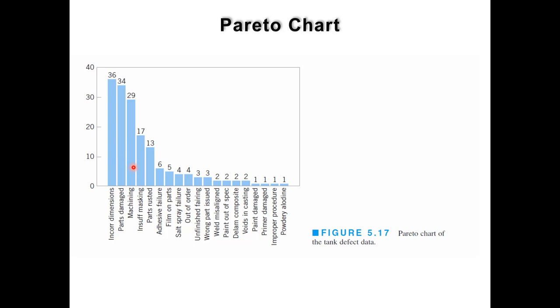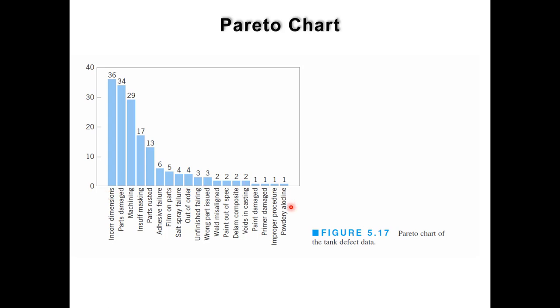It is plotted such that the particular items, attributes, or variables which have the highest frequency of defects or problems will be shown by this Pareto chart. In this example, it shows you the tank defect data.